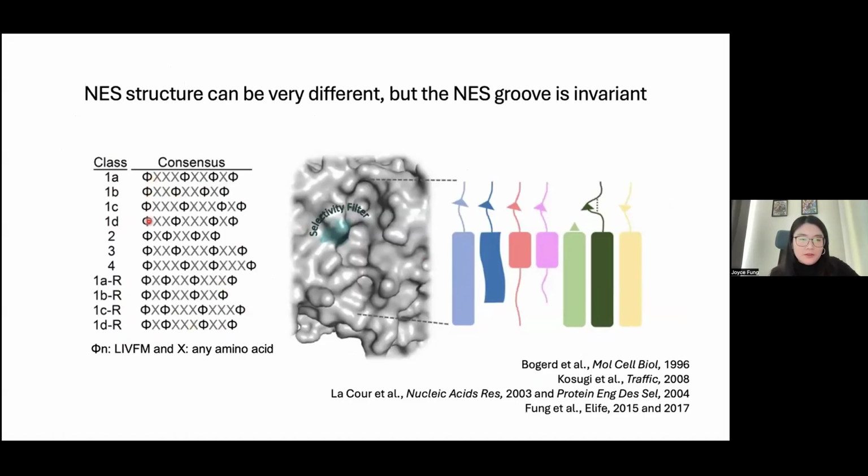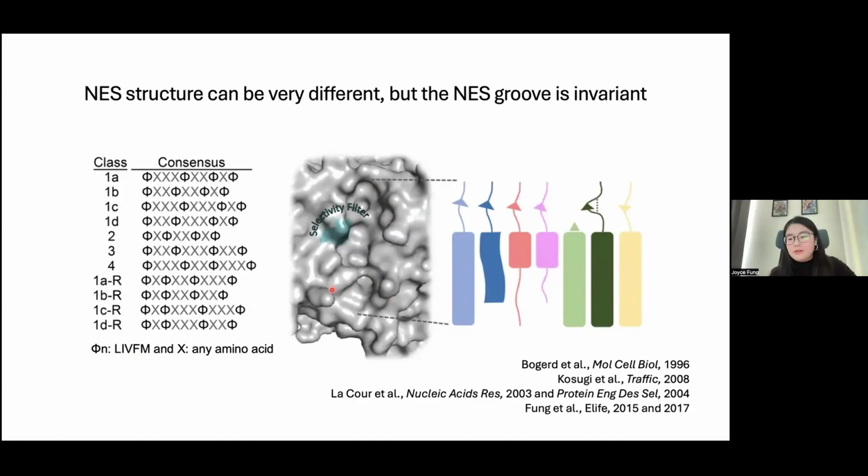And the hydrophobic residues are no longer just leucines. It could be leucines, I, V, F, or M. Many different NESs bound to Expo1 have been solved by crystallography. The NES structure itself can be very diverse, but the groove has always stayed the same.